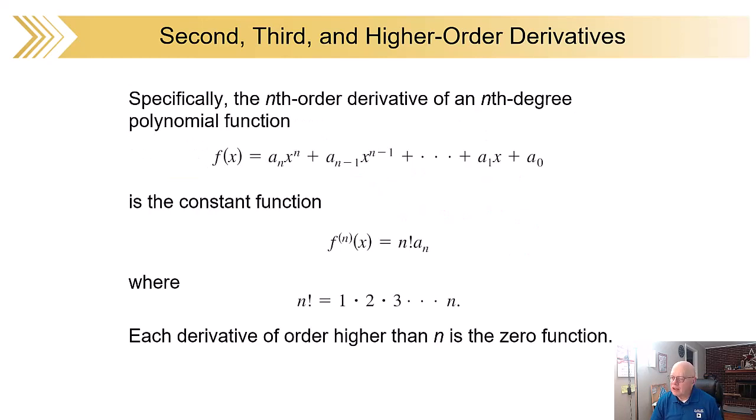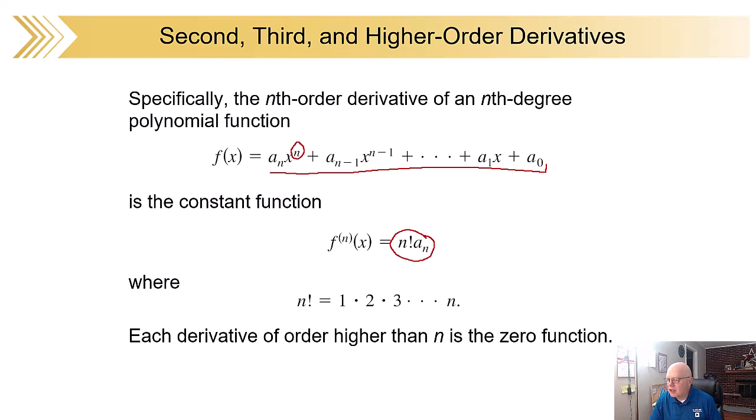So here's the general look. Here's a polynomial, one of the nice ones. If you take the nth order derivative of one that has x to the n, you end up with a constant. Notice there's no x's there.